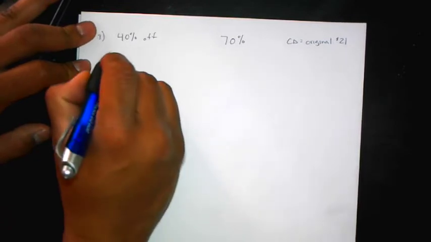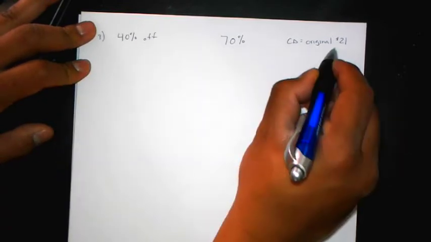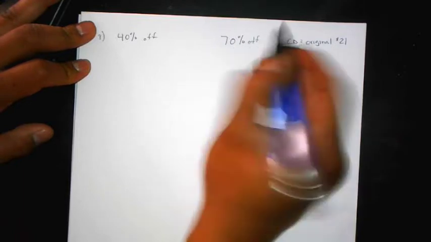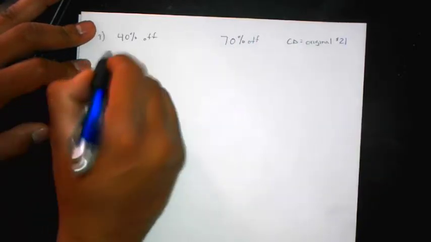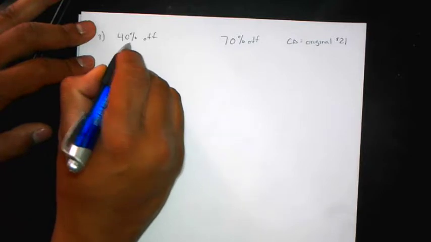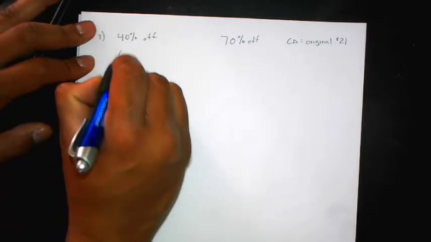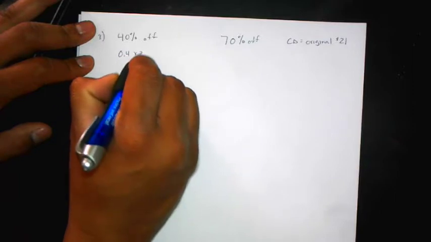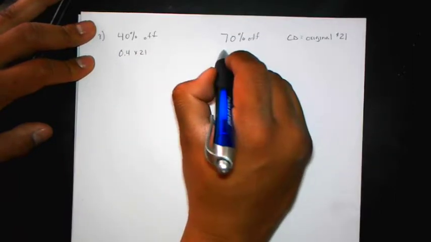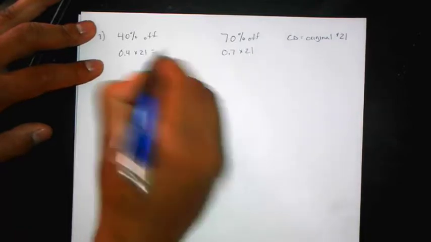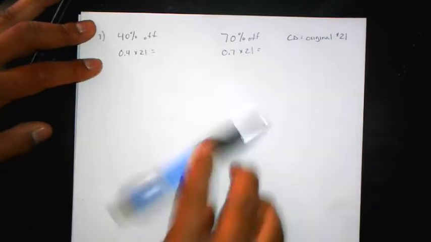So I'm going to calculate how much is 40% of 21 and how much is 70% of 21, so I know how much the discount was. I'm going to use the really fast method, which is turning it into a decimal. So I go 0.4 times 21, and here I go 0.7 times 21. Go ahead and calculate that on your own.